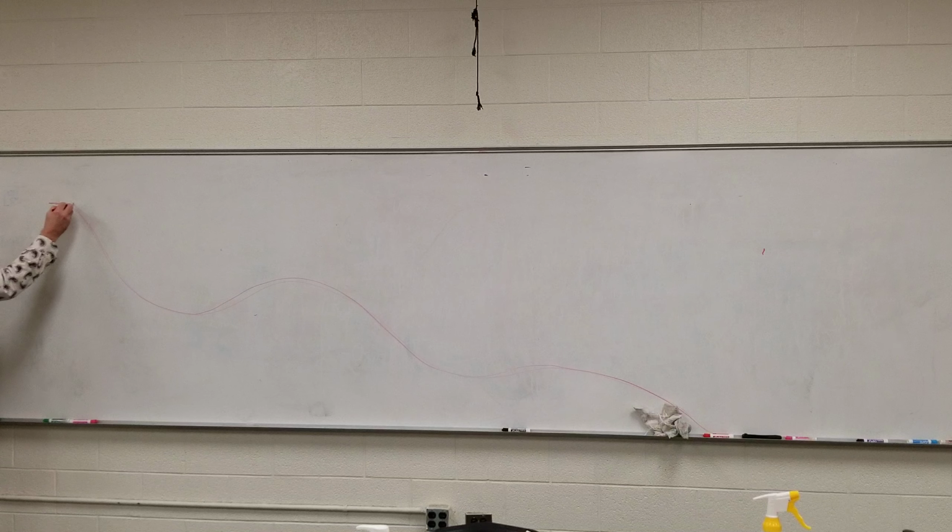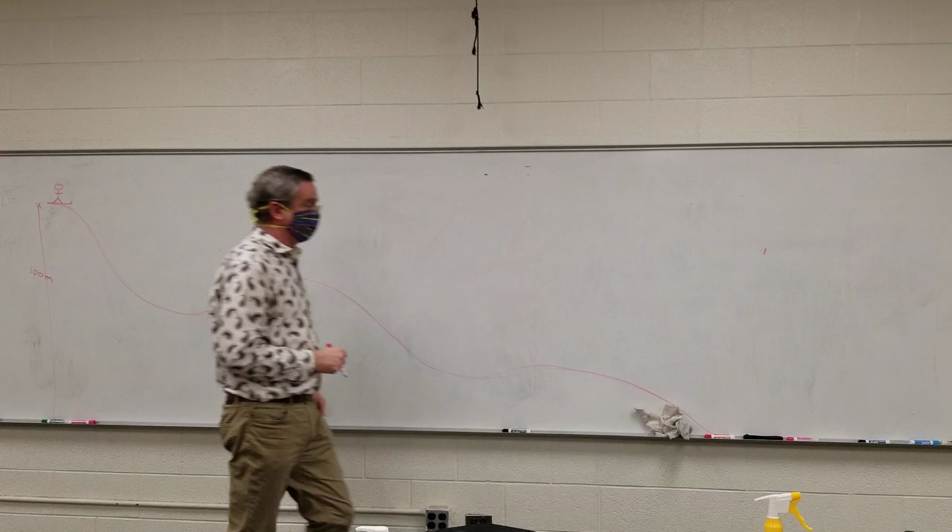We have a skier at the top of a hill. Or a snowboarder, whatever you happen to be riding. Starting out 100 meters below wherever down there is. I want to know, first off, how fast is the skier going at the bottom of the hill?